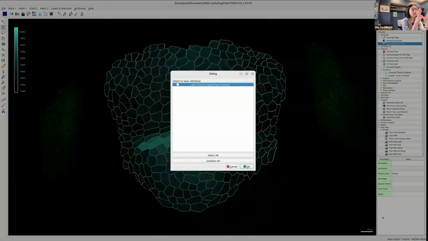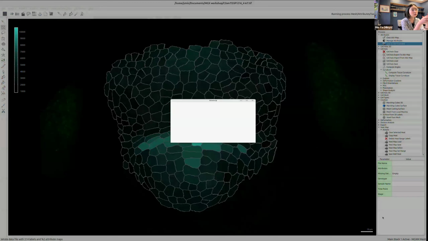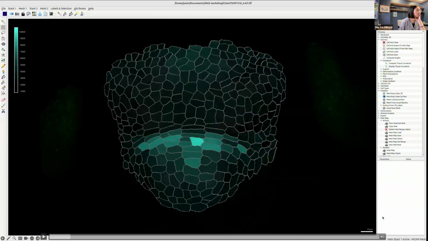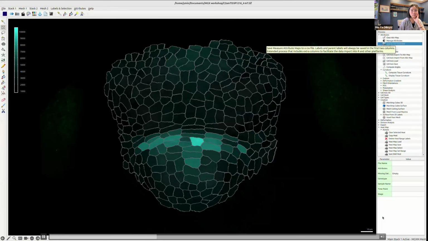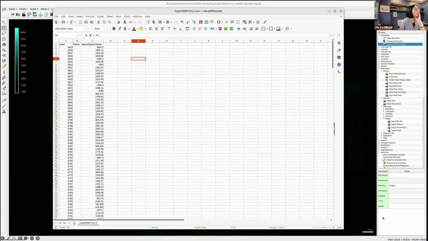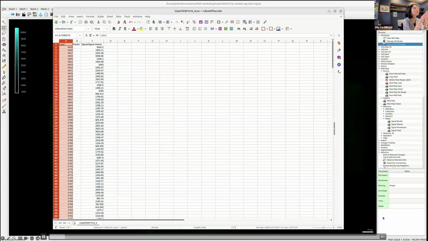And this CSV file will include the signals for each cell. After that, if we open this file, you can see there are three columns.